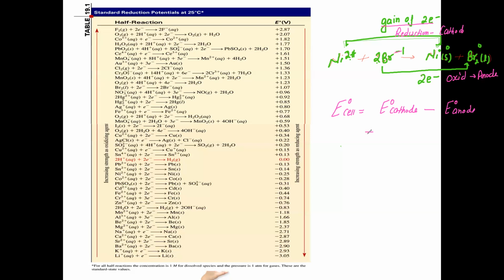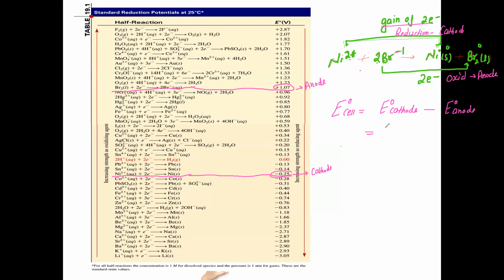Can you plug in the values here? Anode, cathode. One reaction I have taken this. These values will be given to you. The other I have taken this. In my reaction, this is the cathode and this is the anode.